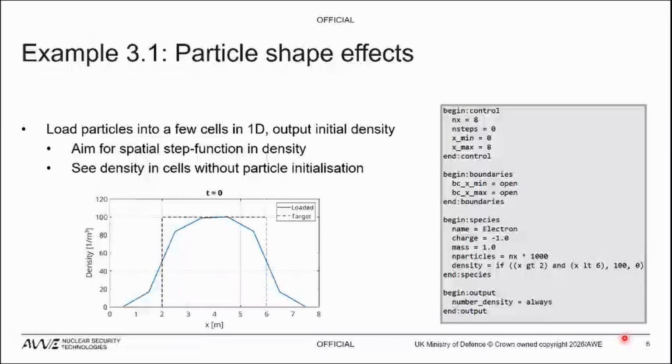And you can actually see these particle shape effects if you deal with simulations where you have a small number of cells to consider. So if we look at example 3.1, you'll be able to see the effect of particle shapes in your simulation. I've given it a density which says if x is greater than 2 and less than 6, then it's 100.